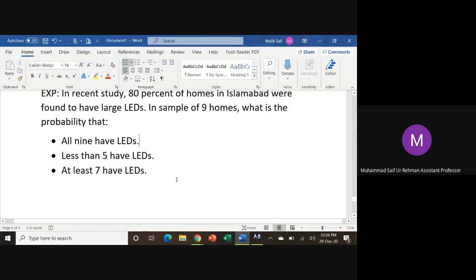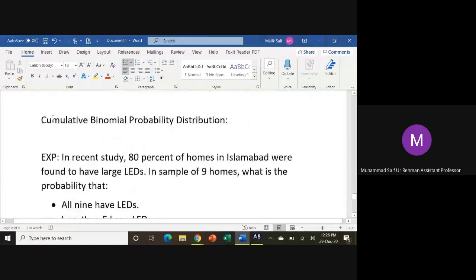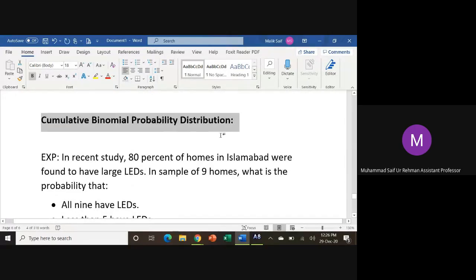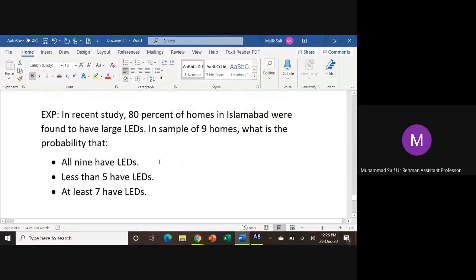Okay. So now we are basically discussing the cumulative probability distribution. In a recent study, 80% of homes in Islamabad were found to have large LEDs. In this case, having an LED is the probability of success, and not having an LED is the probability of failure. So all 9 have LEDs.